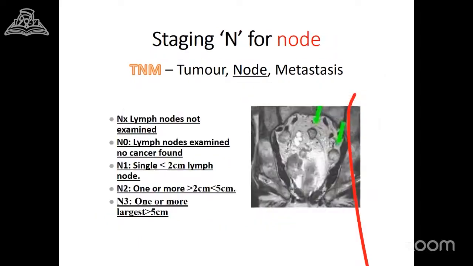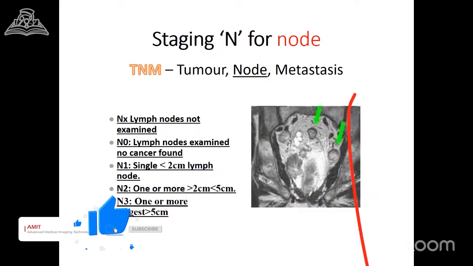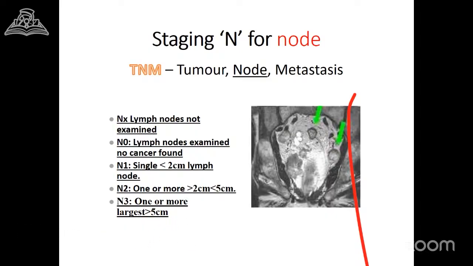In this slide, we describe the N staging for lymph node involvement in prostate cancer. NX means the lymph nodes were not assessed, while N0 indicates the examined lymph nodes show no evidence of cancer spread to the nearby lymph nodes.